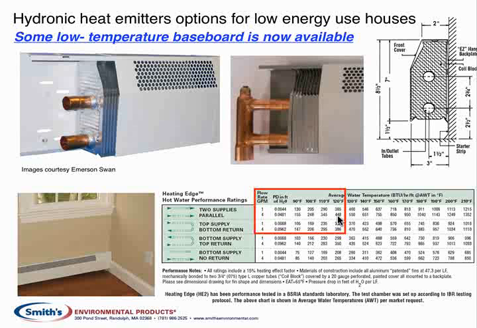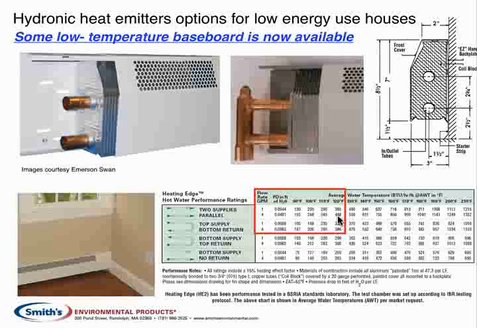So again, when you compare the output of this type of baseboard to traditional fin tube baseboard, at a given water temperature, you're getting more than twice the output. But our objective here is not to get twice the output, it's to get the output needed at the lowest possible supply water temperature. So that's one product that's available.